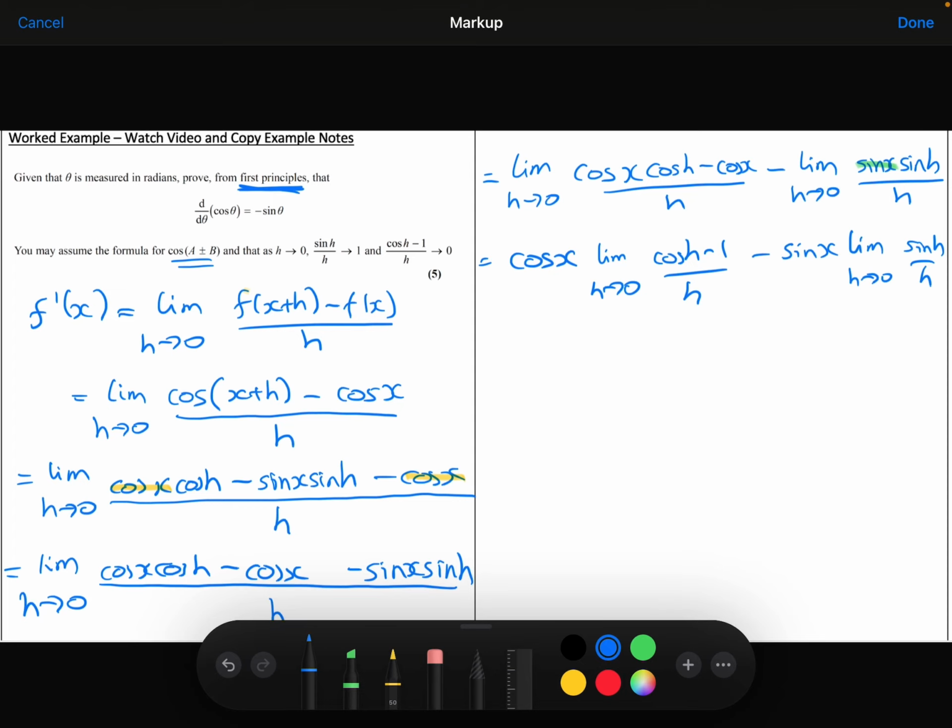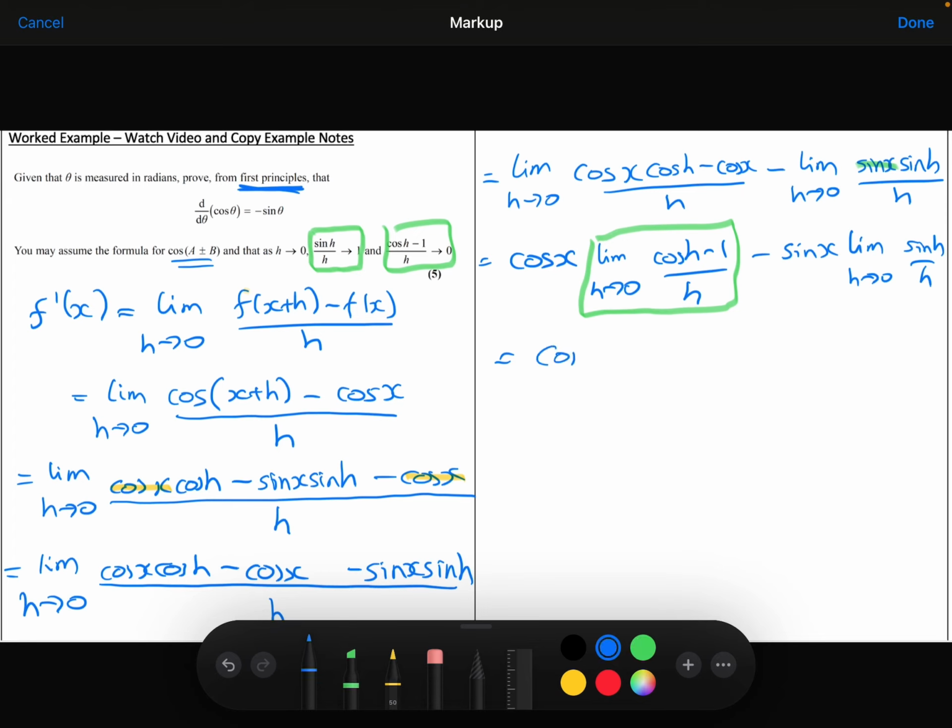And finally, we were told in the question that we could use these two limits. So this, I'm told in the question, is actually just tending towards 0.